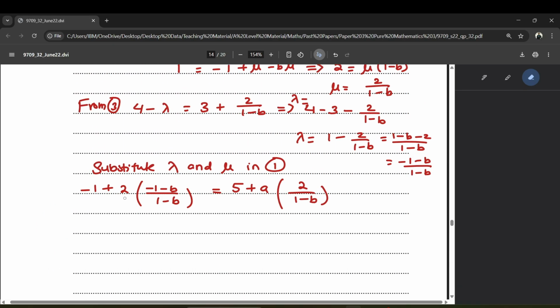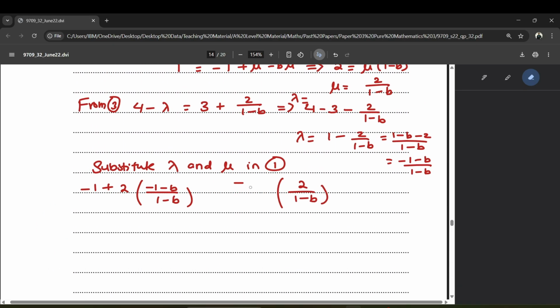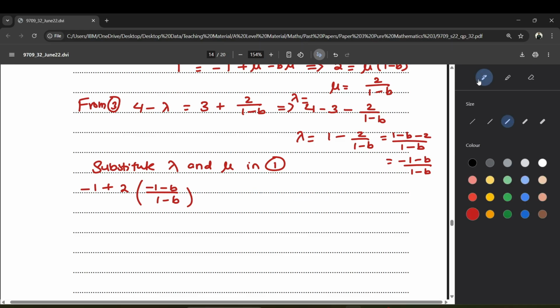Let me write it in one line so we have enough space to complete our answer. So here we're going to write 5 plus a times 2 over 1 minus b. So that would give us minus 1 minus 2 minus 2b over 1 minus b equals 5 plus 2a over 1 minus b.